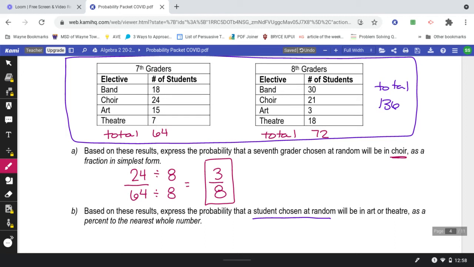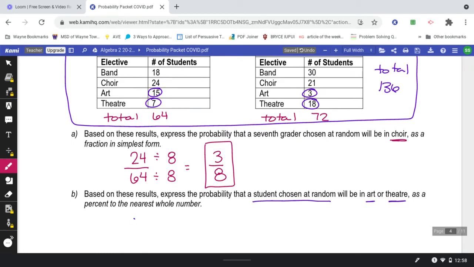And then we want whoever is in art or theater. So I'm going to add up all the arts and all the theaters: 15 plus 3 plus 7 plus 18. Add those all up. Gets me 43 out of 136.